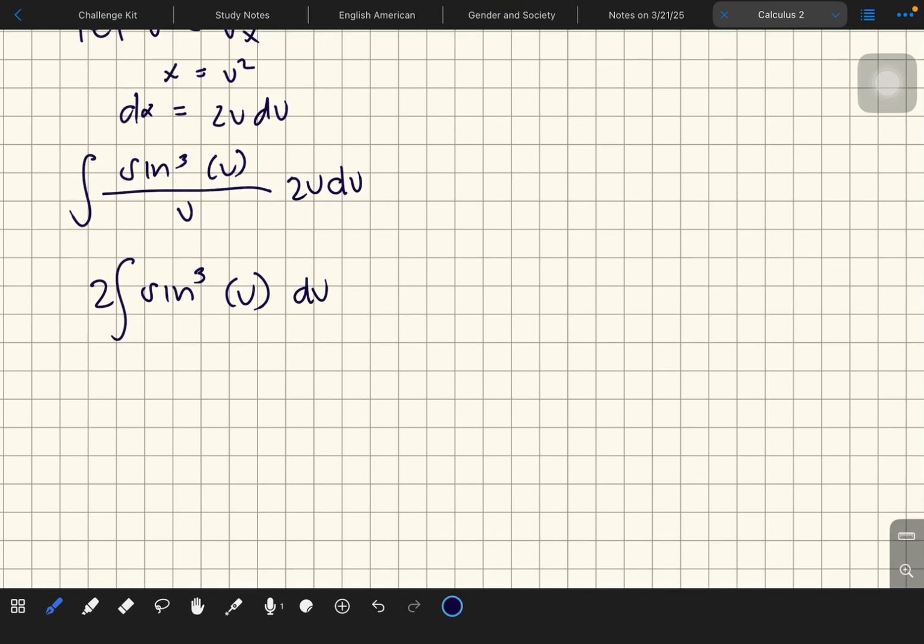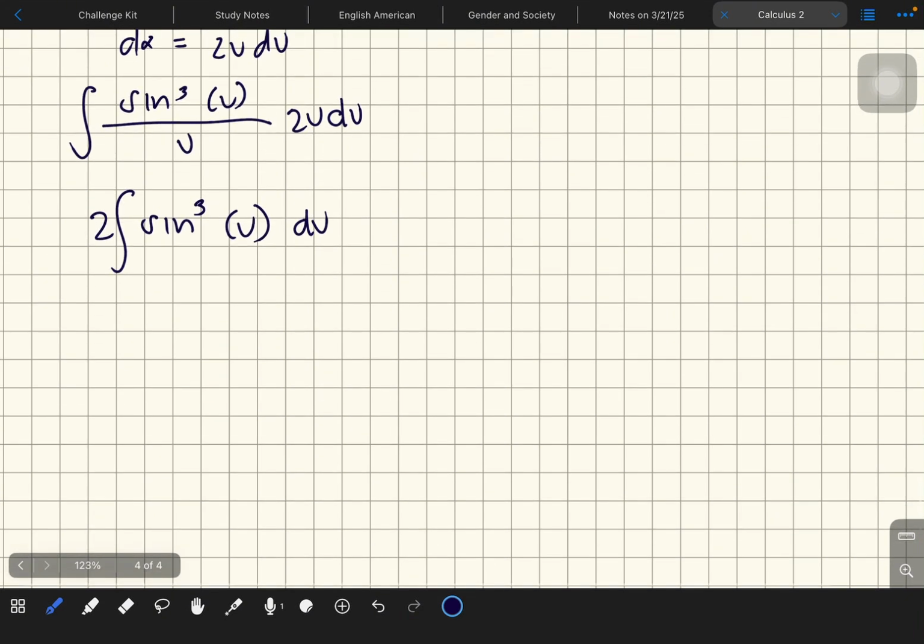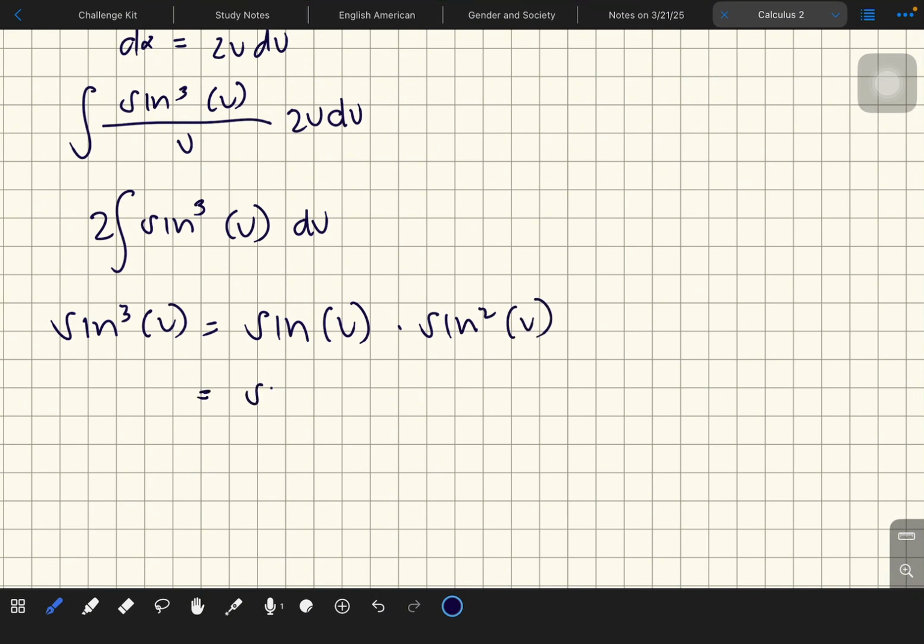To evaluate integral of sine cubed u du, we use the identity. We can reform sine cubed u to sine u times sine squared u. So this will become sine u times the identity of sine squared u, which is equivalent to 1 minus cosine squared u.